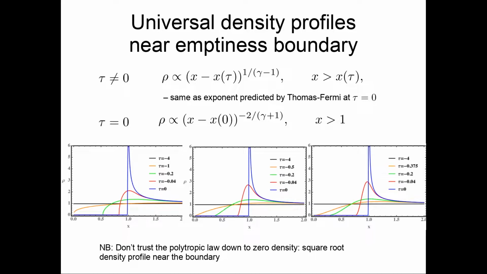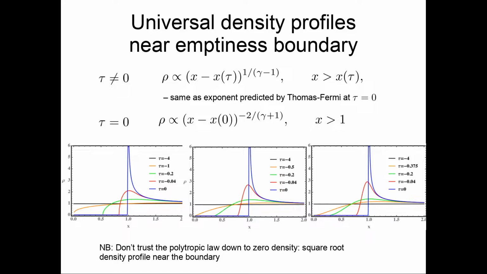Now, here I should probably say that it sort of contradicts what I was saying before, that free fermions should be seen locally near the emptiness. However, one shouldn't simply trust the polytropic power law. Physically, it doesn't make very much sense to look at this behavior.